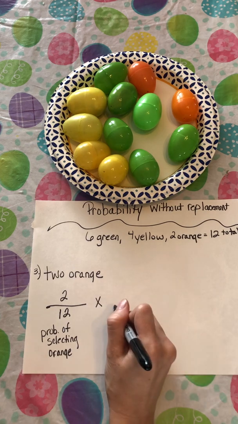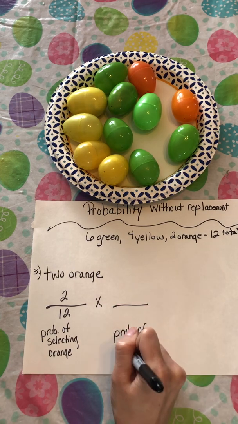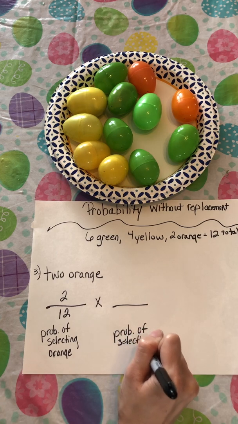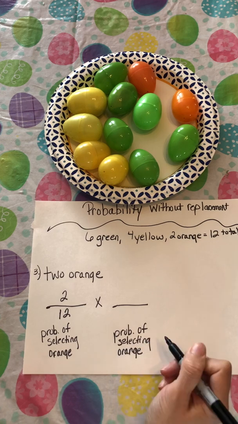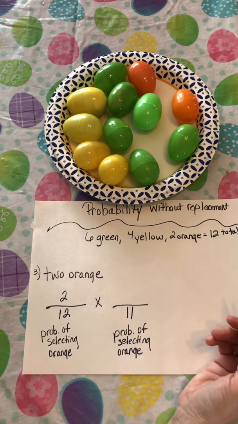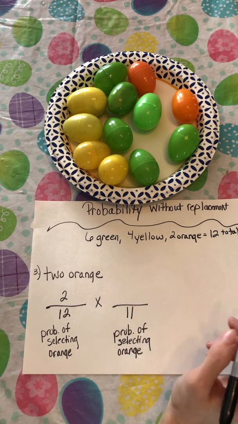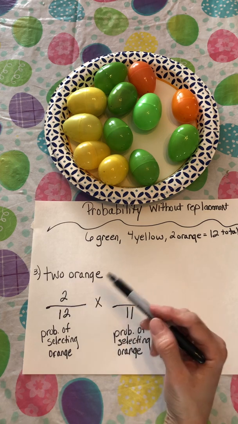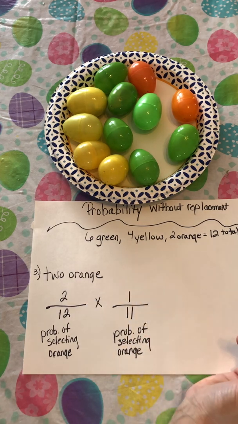We're going to multiply by the probability of selecting a second orange. Because this is without replacement, we will change the denominator to 11. But the top, because we're selecting the same color, will change to 1.